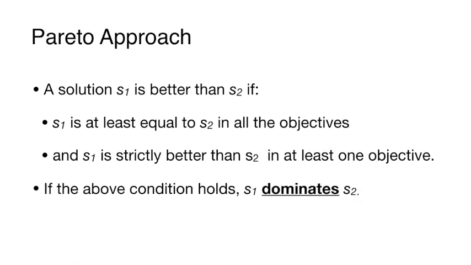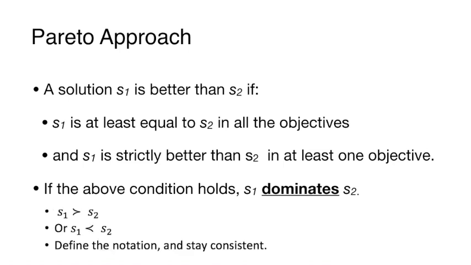If the above two conditions hold, then we say that S1 dominates S2. Now there are different notations that can be used to indicate whether S1 dominates S2. These are shown on this slide. Whichever you choose, just explicitly define your notation first and then stay consistent with it.